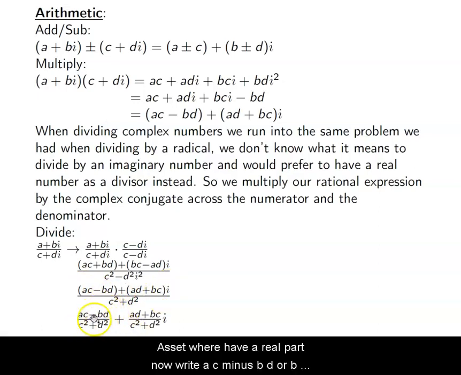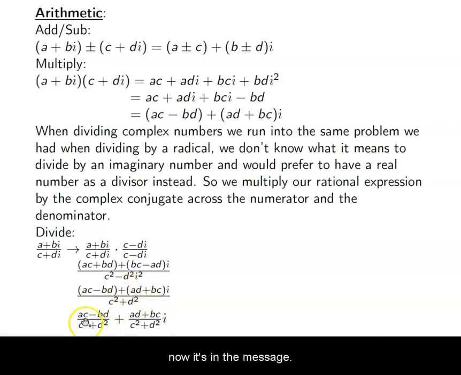As such, where I have a real part now, right? AC minus BD over C squared plus D squared. Those are the real parts. This is the imaginary part, and it's also being divided by the C squared plus D squared. So now it's in imaginary form. This is basically my new A plus my new B, I. The real part and the imaginary part.